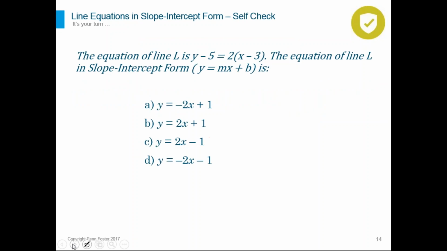Another question? Oh, it's a self-check question. The equation of the line L, we just gave it a name, L, is y minus 5 equals 2 times x minus 3. This form reminds you of which form? The equation of the line L in slope-intercept form, I just gave you that form, the template of that.